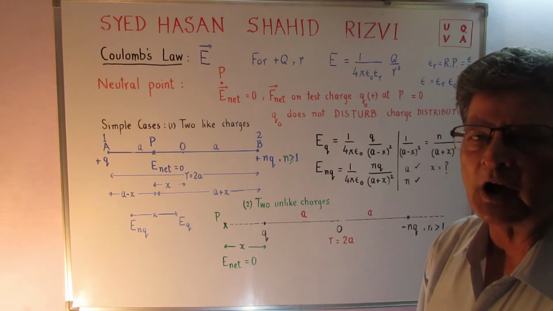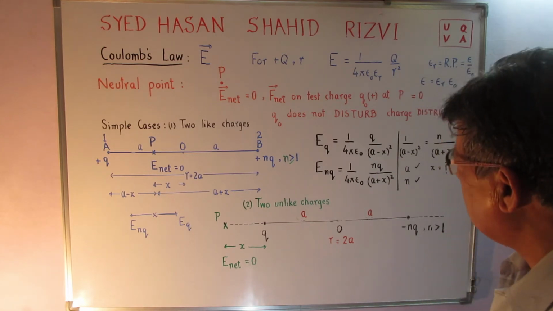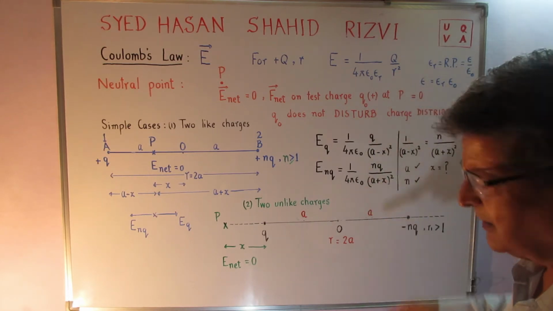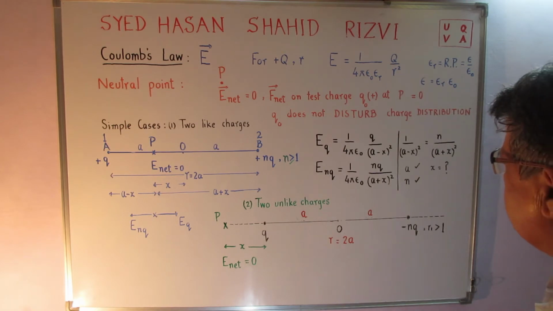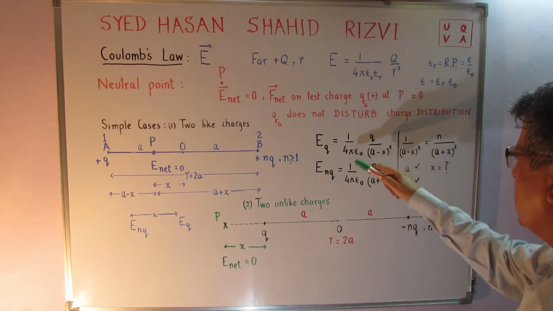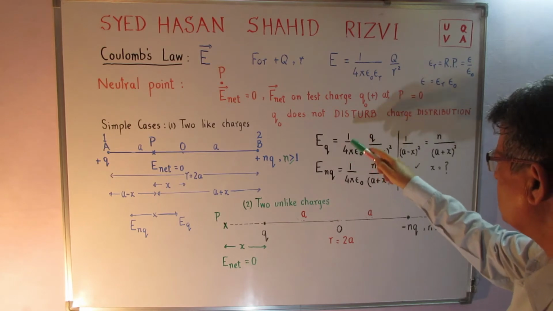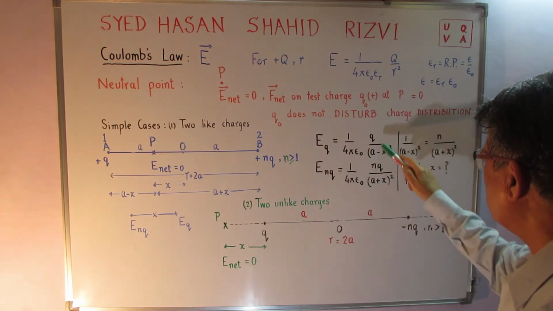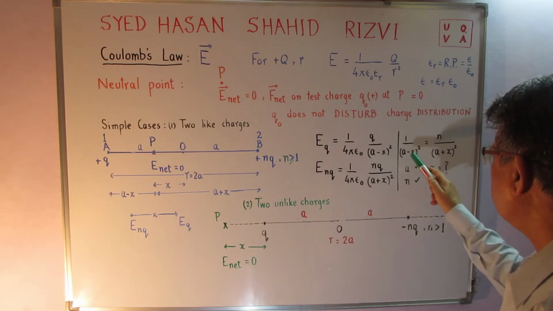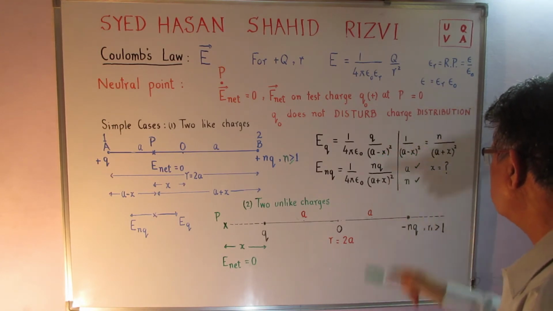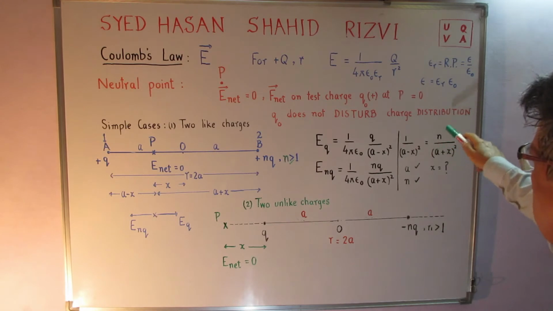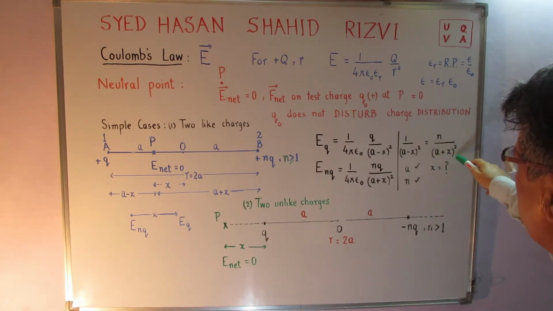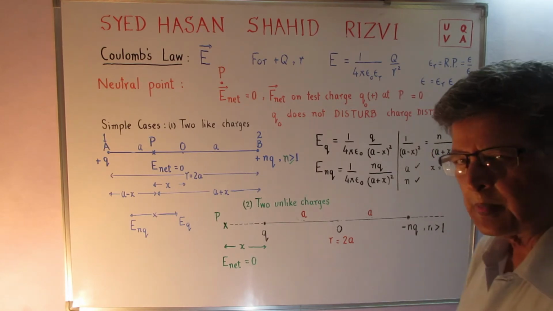Now the two should equal each other. When I equate, you can see for yourself that 1 upon 4 pi epsilon naught and 1 upon 4 pi epsilon naught will cancel, Q and Q will cancel, so what I am left with is 1 upon (A minus X) whole square equal to N upon (A plus X) whole square.